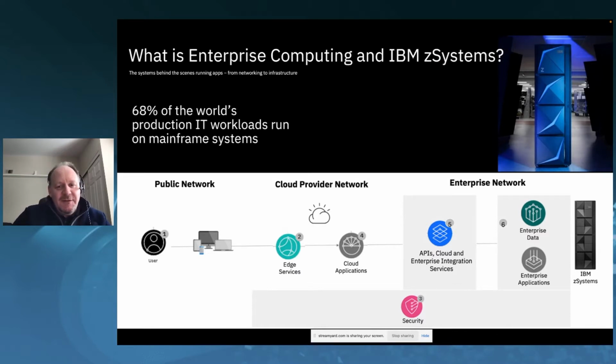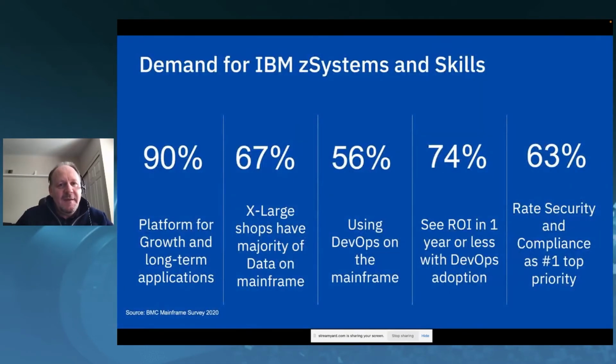As you can see in these diagrams, you can still combine this with horizontal scaling, putting web layers on top of this, but in the end, there might be a mainframe that will perform massive amounts of transaction processing and manage the data securely, doing many things that the normal user is not aware of. So the demand for IBM Z systems and skills is very high.